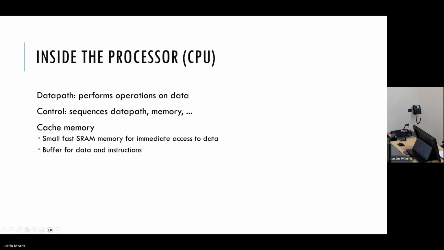All right. So again inside the processor, on the chip itself, we have a data path that performs operations on the data and the control that is going to determine which parts of the data path are activated, not activated, and where the data is going to flow through.